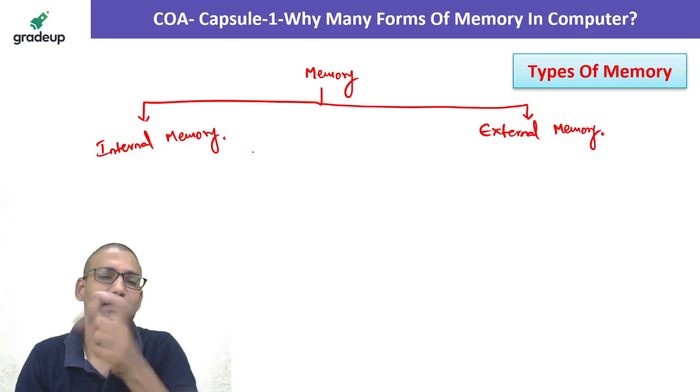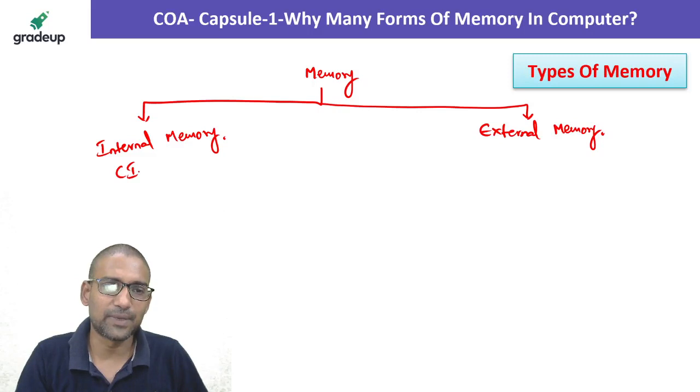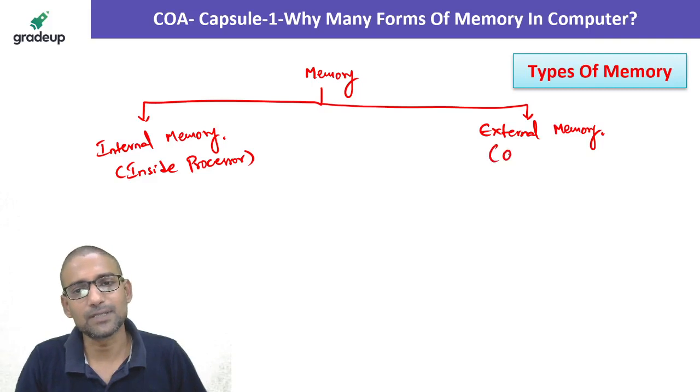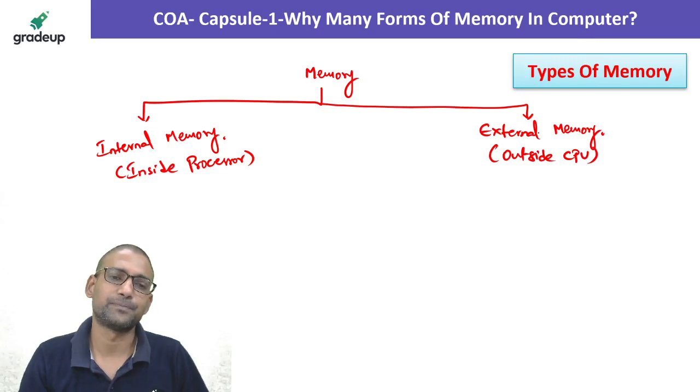Internal, external, the name indicates the memory which is inside the processor, the memory which is outside the processor. This is the basic classification, you can say.